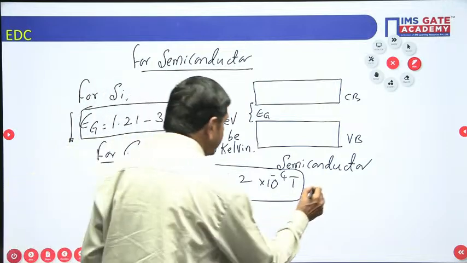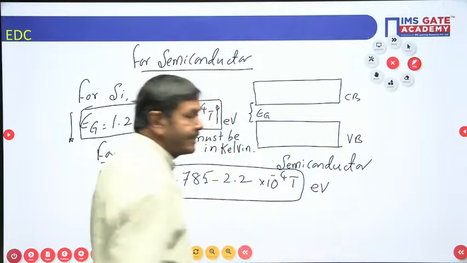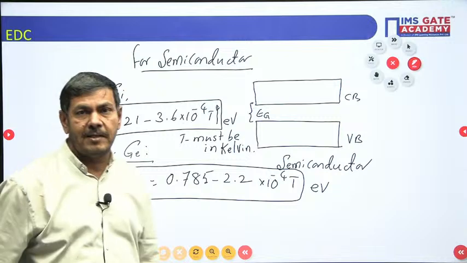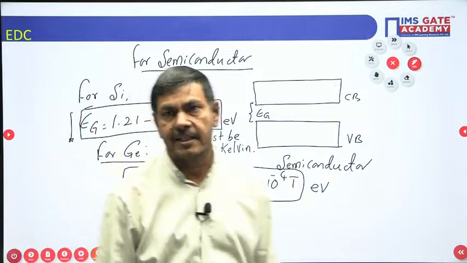You will get the result in electron volts. So you have to mark these two formulas to find out the forbidden energy gap.